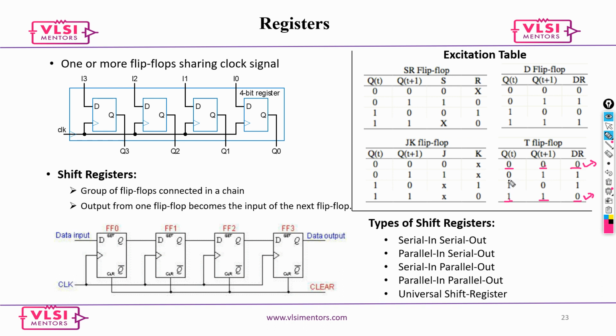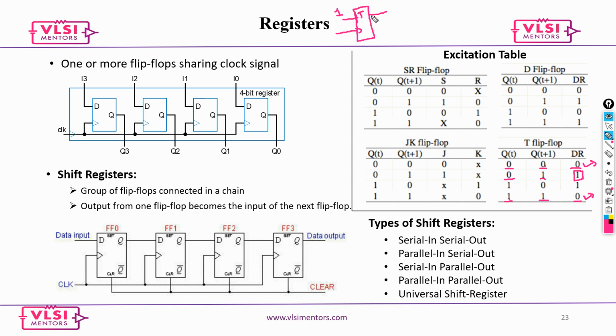But now you want to make it alternate. Your current output is 0 and the next output you are looking at is 1. That means if you give T as 1, it will keep toggling. Simple, right? If this is your T flop and you give 1, it toggles every cycle.